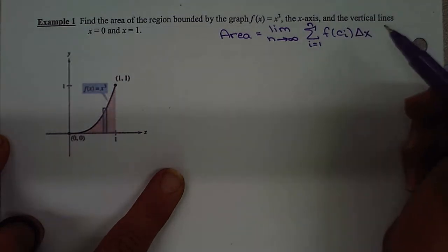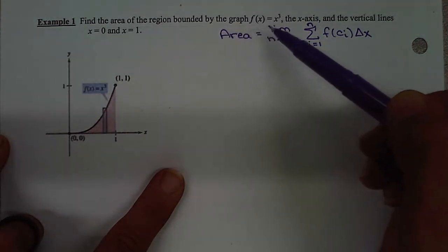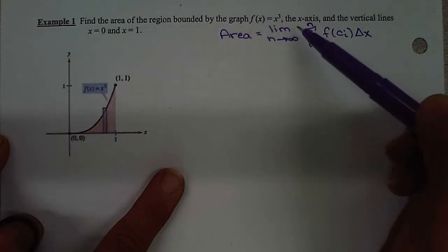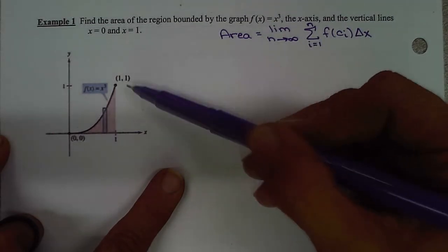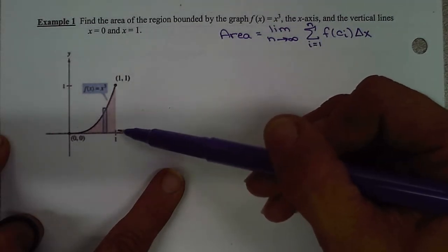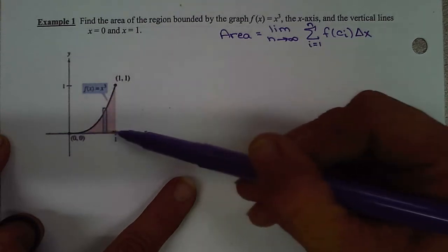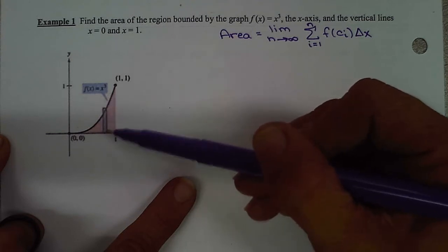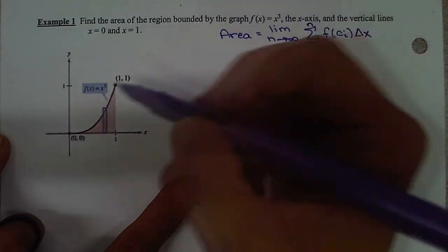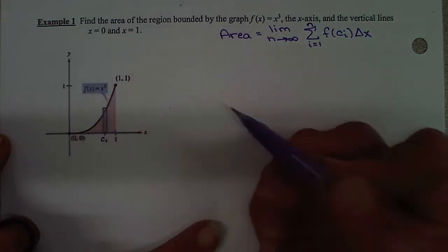So for this problem here, we're finding the area of the region bounded by the graph of f of x equals x cubed, the x-axis, and the vertical lines x equals 0 and x equals 1. And here's a picture of that. We can see here that's the curve x cubed from 0 to 1, and then this rectangle they have in here shows where my c sub i would end up falling, and so forth.